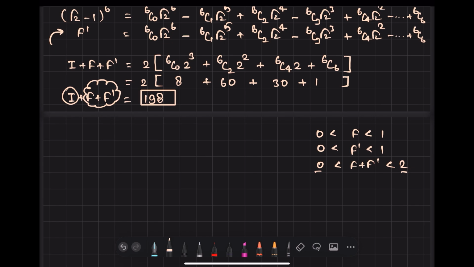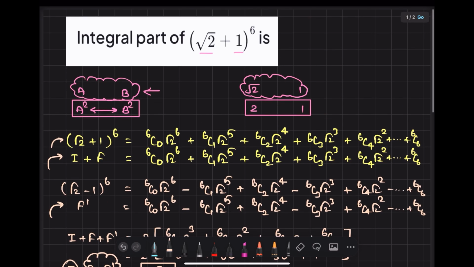The only integer that exists between 0 and 2 is 1. So f plus f dash is 1. Therefore the integer will become 198 minus 1, 197. So this is the integral part in this case.